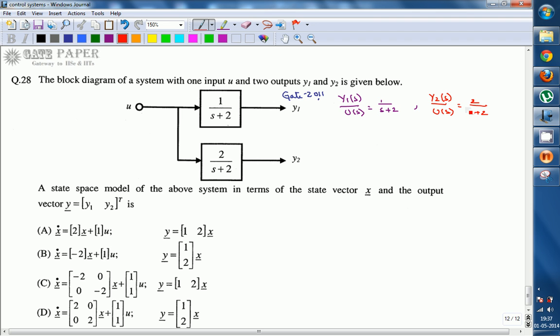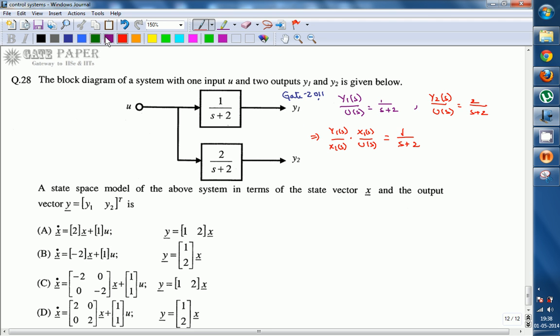So here I am writing that this equals y1 of s divided by x1 of s in terms of state variables, times x1 of s divided by u of s. Again we'll get y1 of s divided by u of s only, that is equals to 1 by s plus 2.